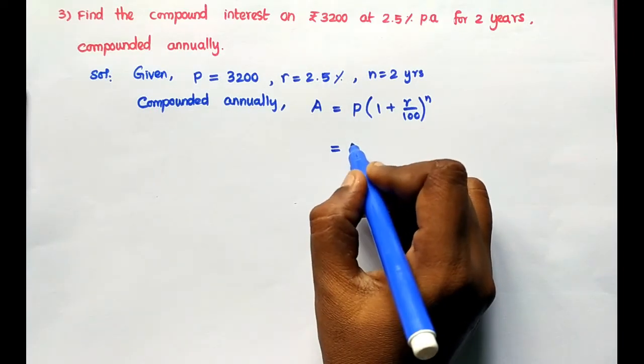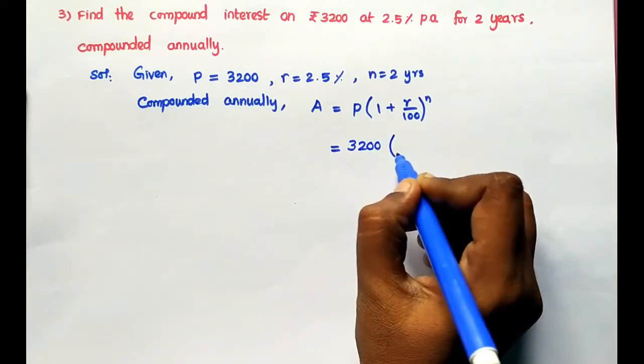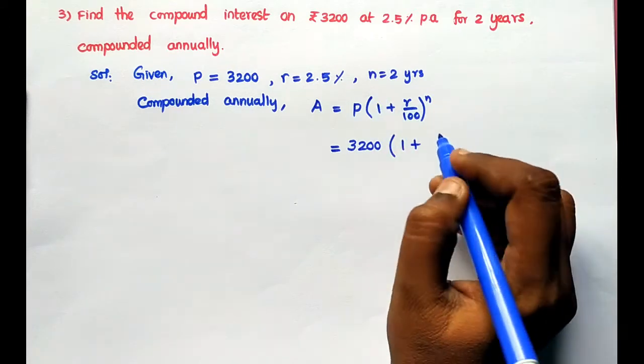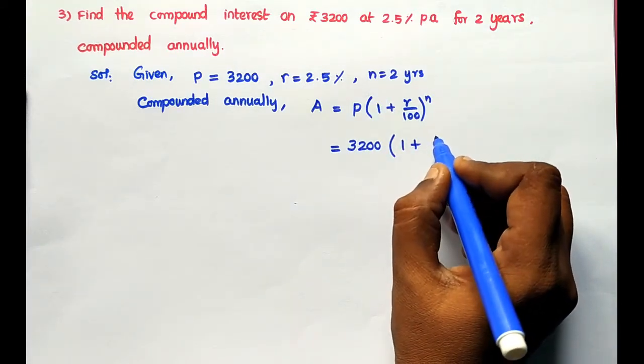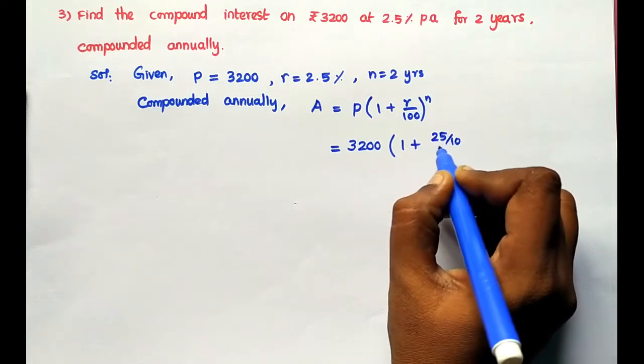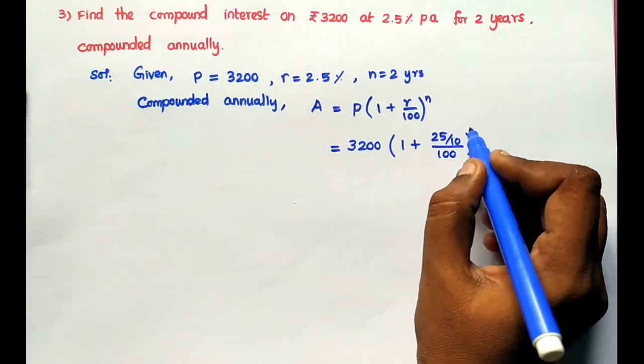Amount, here principal equal to 3,200 into (1 plus R), R equal to 2.5. Write down like that. 2.5 is 25 by 10, whole divided by 100, power 2.